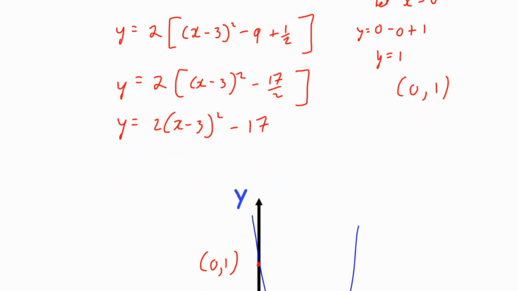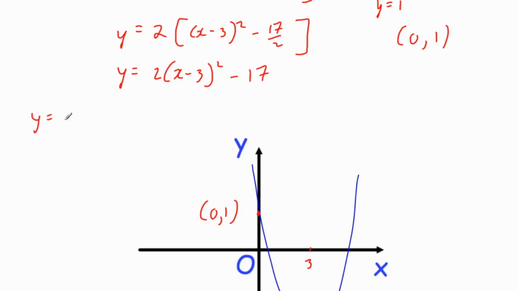So we're going to let that equal 0. Let's write down y equals 2 bracket x minus 3 close bracket squared minus 17. And we're going to let that equal 0, and that will help us find the coordinates of where it crosses the x-axis. So that will be 2 bracket x minus 3 close bracket squared minus 17 equals 0. Let's add 17 to both sides of that equation.